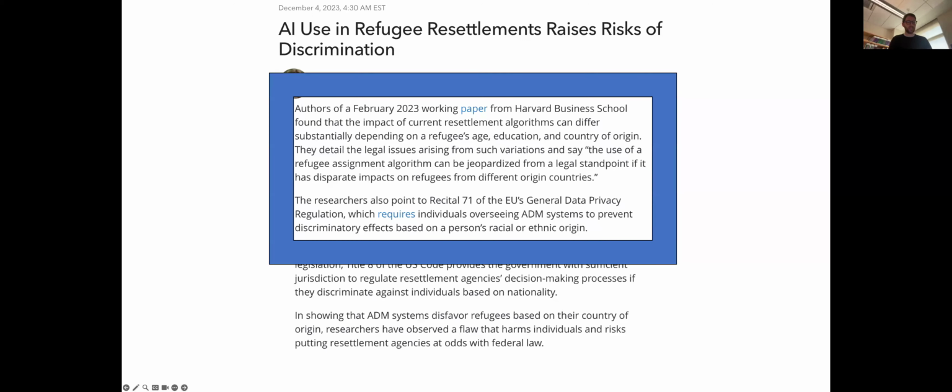Let me maybe add my two cents to that. If you think about the policymaker as having choices, the policymaker can say, we do not want to use data, we go with random assignment. I think the data shows that would be a really poor outcome. As a citizen, I don't like that. They can say, okay, let's just optimize with no consideration of fairness, and that has group fairness concerns, as the data shows.